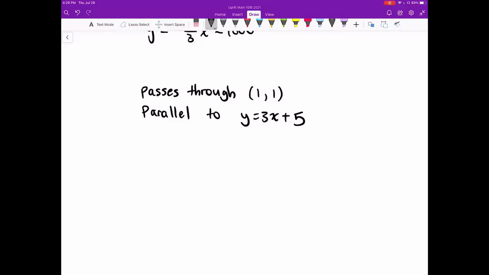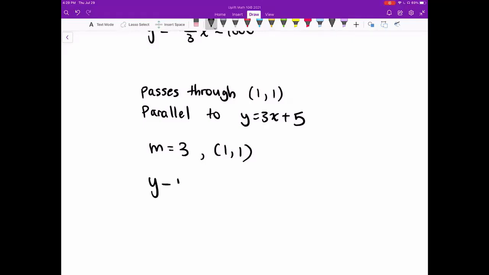The first thing that we notice is that it's parallel to this other line. So we don't have to calculate the slope. We can just take it from the other line, so the slope is 3. And we also know that it passes through the point (1, 1). So we can create an equation and solve for b.